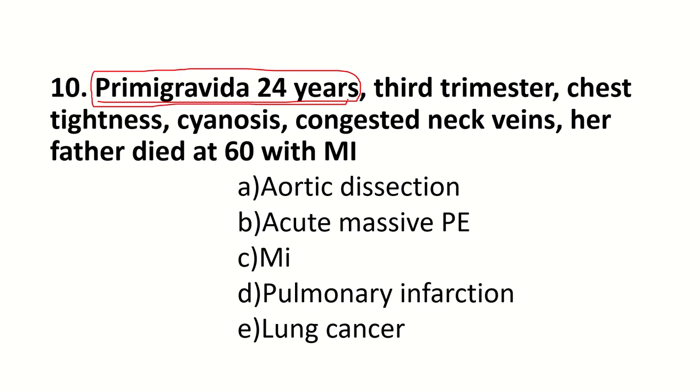Pregnancy is one of the causes of the development of thromboembolism or pulmonary embolism, and during the third trimester, that means in the late stages of pregnancy, chest tightness, cyanosis, and congested neck veins develop, and her father died of myocardial infarction. So what is the cause?